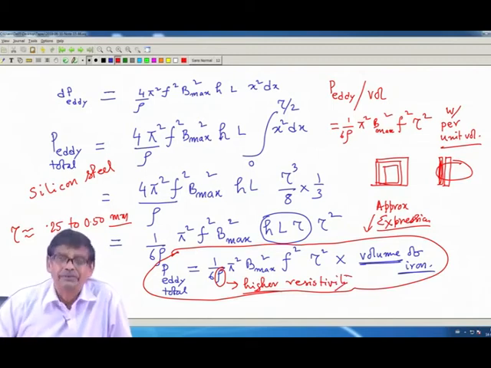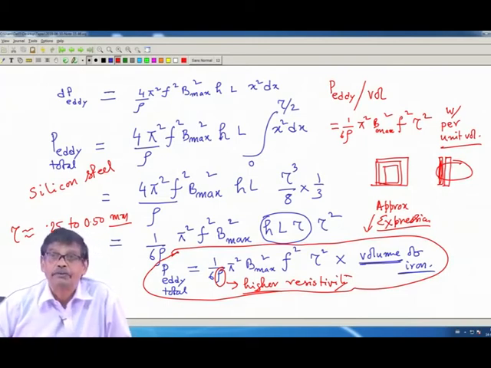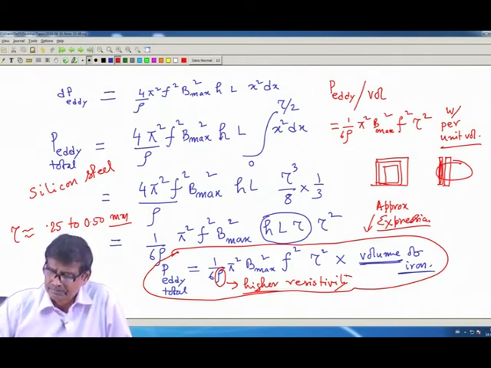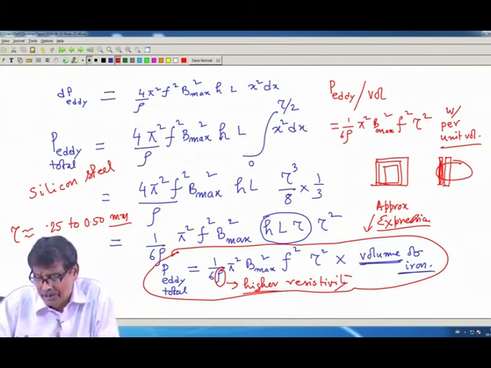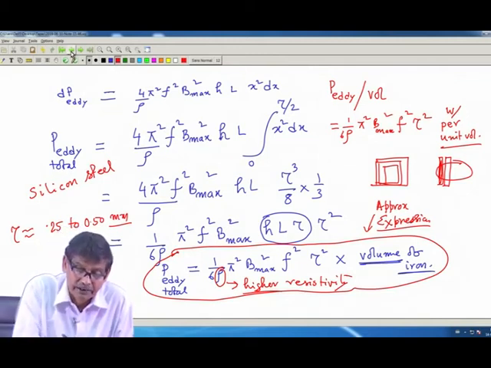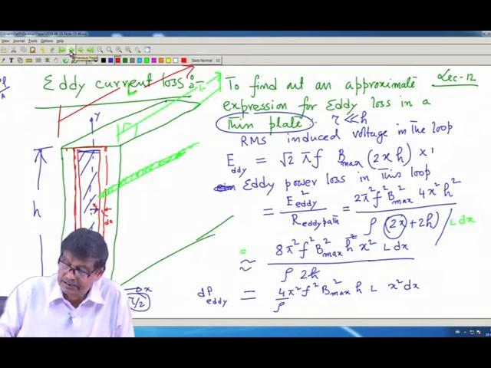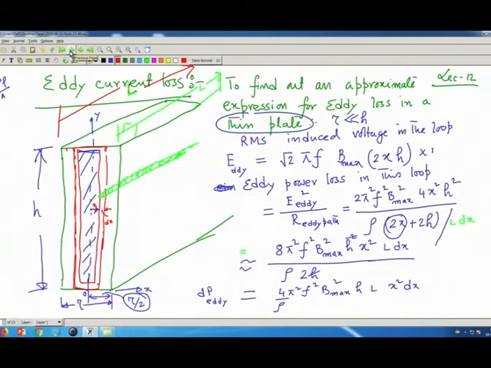Also, do not try to use too high a Bmax, which will also reduce it. And remember, it is proportional to frequency square. So, if the transformer rating is 50 hertz, based on that you try to make eddy loss as small as possible. Please remember the logic, why this was necessary to derive.